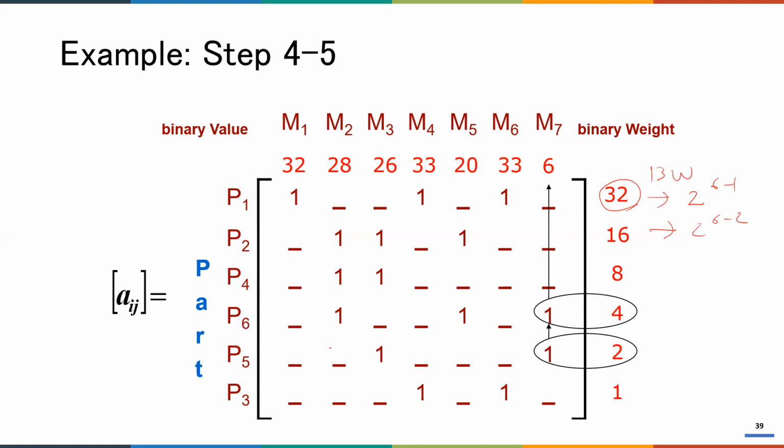And then again, for each column, you calculate the DE, which is going to be the sum of BW_i times a_ij for i equals 1 until n. Sorry, for i, yeah, for i.